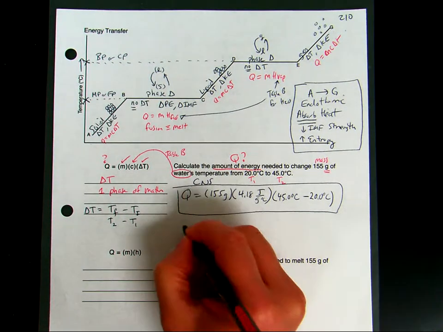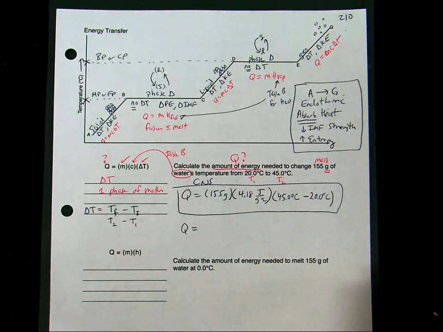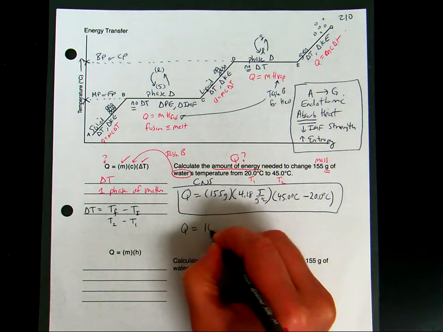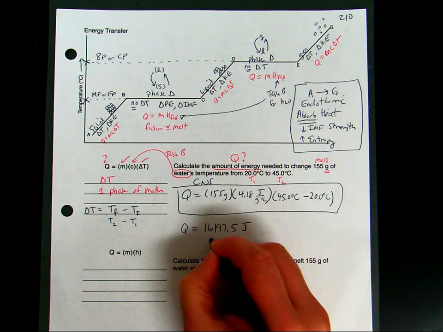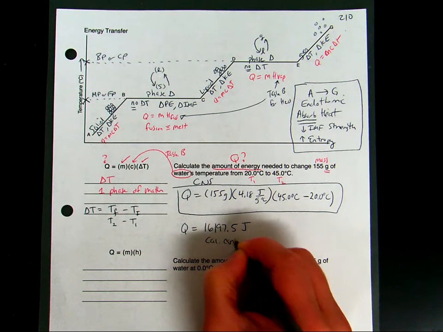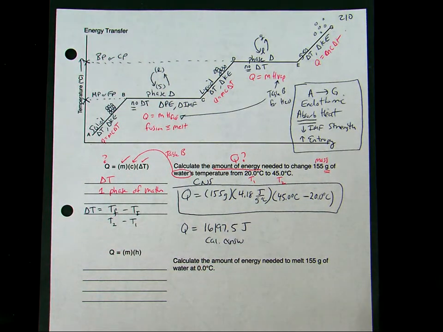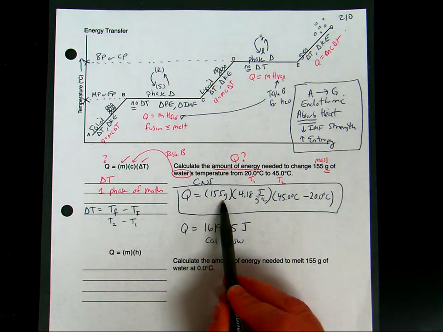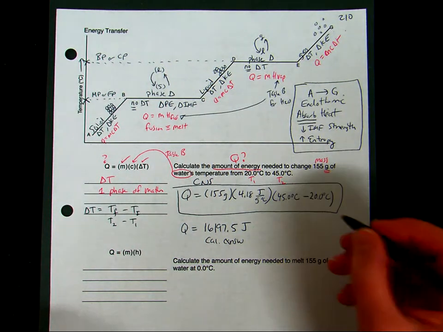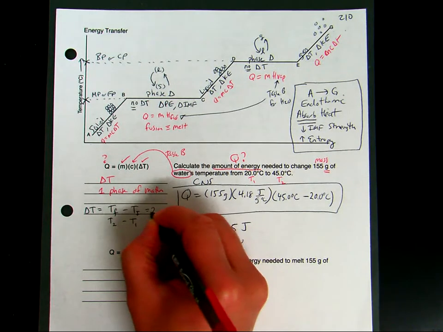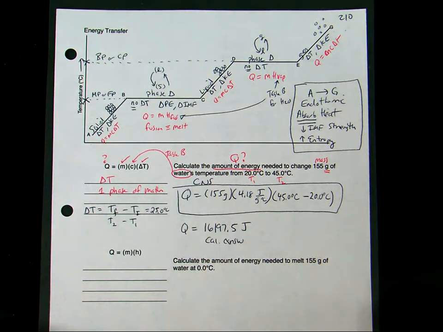Calculated answer. So if you put this into the calculator, you get this number of 16197.5 joules. This is a calculator answer, but you may need to put it into a final sig fig answer. So our measured mass has 3 sig figs and our measured temperatures, okay? And if we calculate that difference, it equals 25.0, which is also 3 sig figs.